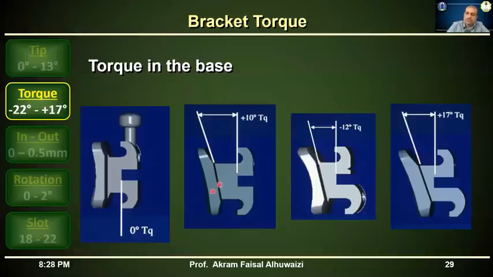Not going to go into details about that, but that's the general phenomenon. When you look at these brackets from the faces, they're the same, but when you look at the base, you notice that they're not the same. There's a huge amount of difference. Here's a 17 degree and here's a 0 degree.